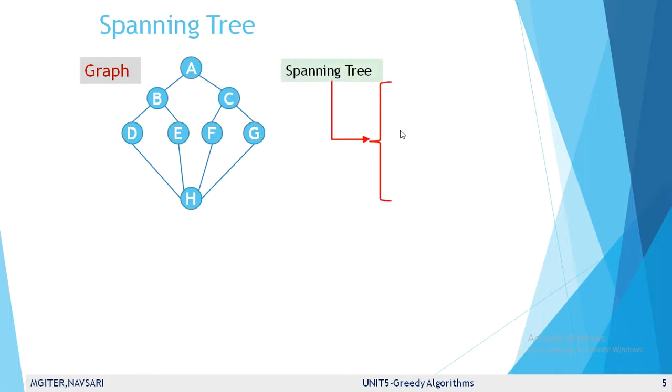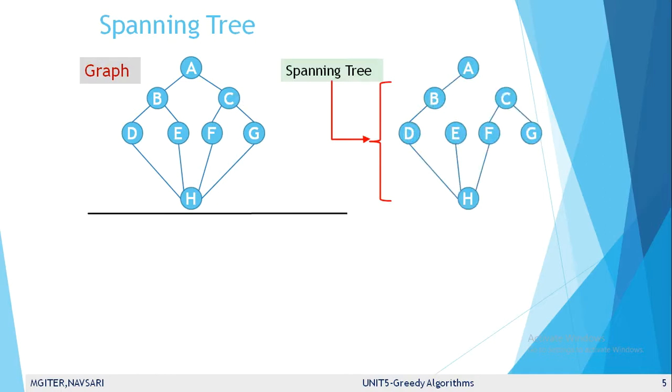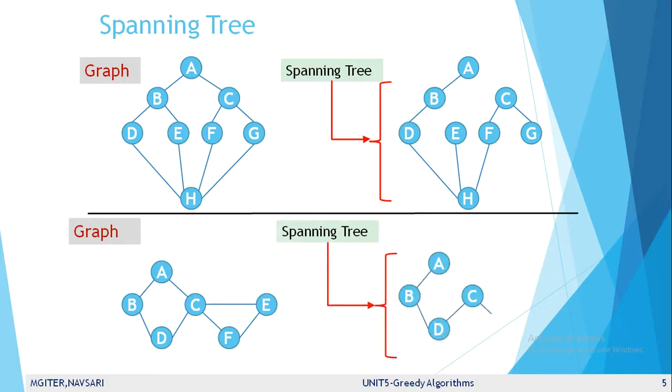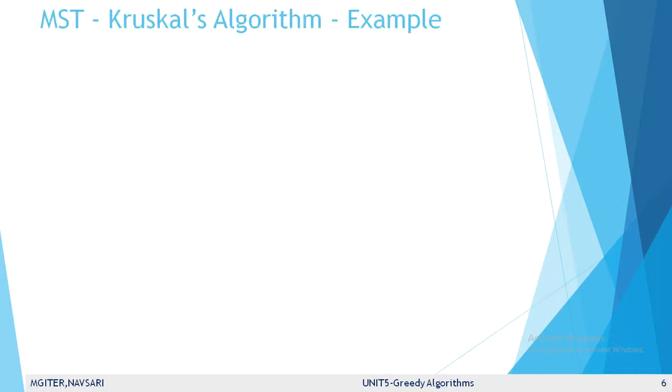So here we formed a spanning tree which contains all the vertices 1, 2, 3, 4, 5, 6 and 7, but it contains n minus 1 edges. Now we see the second graph with 6 vertices 1, 2, 3, 4, 5 and 6. Now we formed a spanning tree which contains all the vertices with n minus 1 edges.